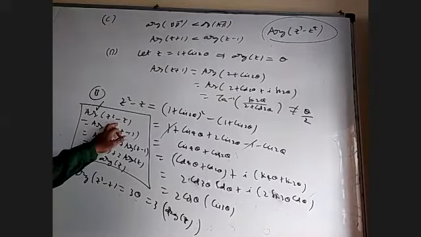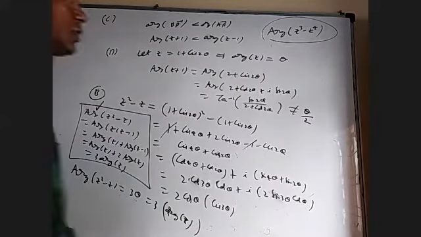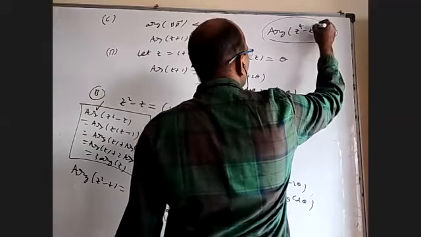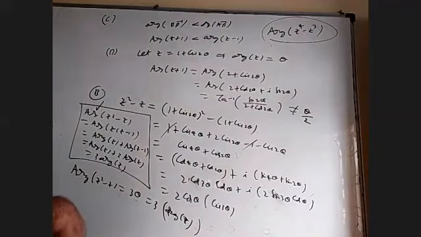The same process you can do. It's okay. Let me give z power 4 minus z cube. Anyone want to tell what is the argument of z power 4 minus z cube, in terms of argument of z, how many times argument of z?